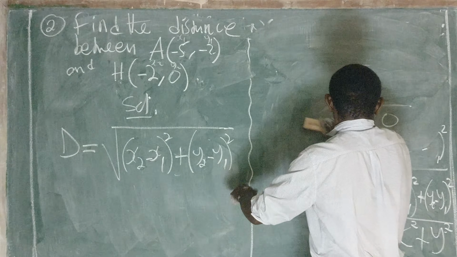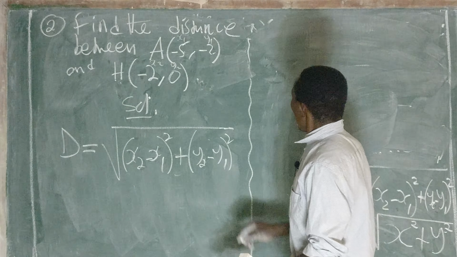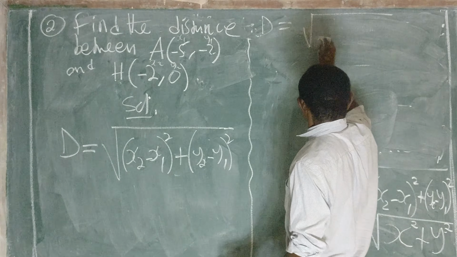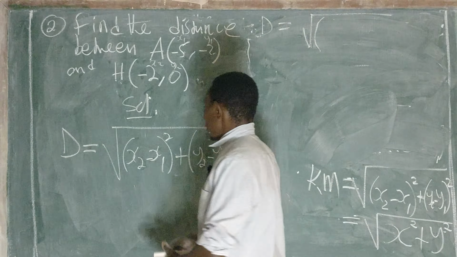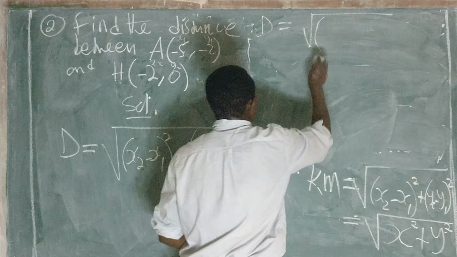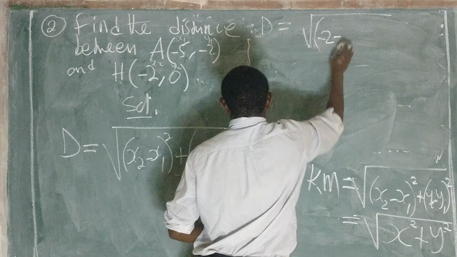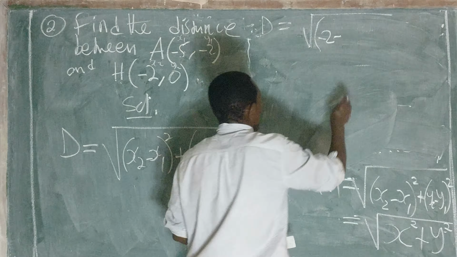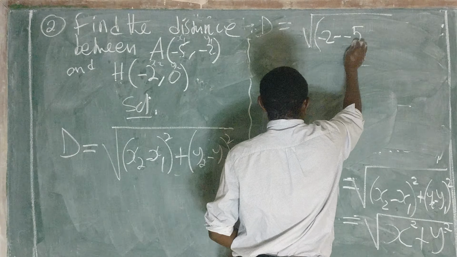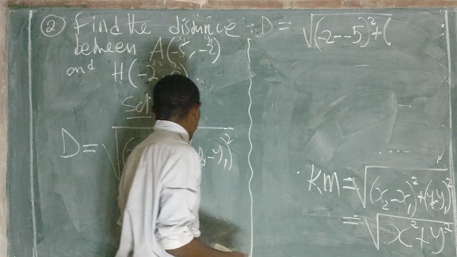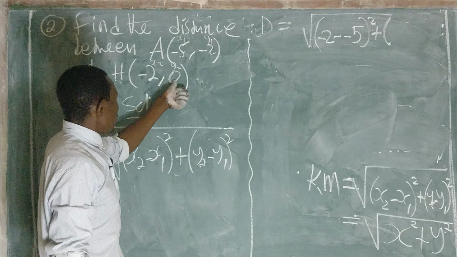Right. So in this case, our d will be equal to the square root of where I've got x2, I'll substitute it for -2. Then minus what? x1. x1 in this case is -5. So here I will write the negative, because it's a different one, so -5, that one should be squared, then plus what? y2. y2 is 0.